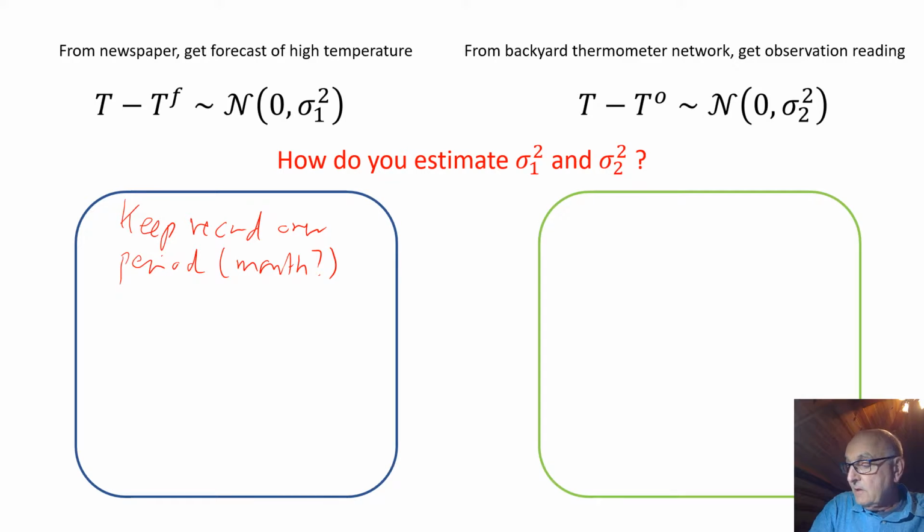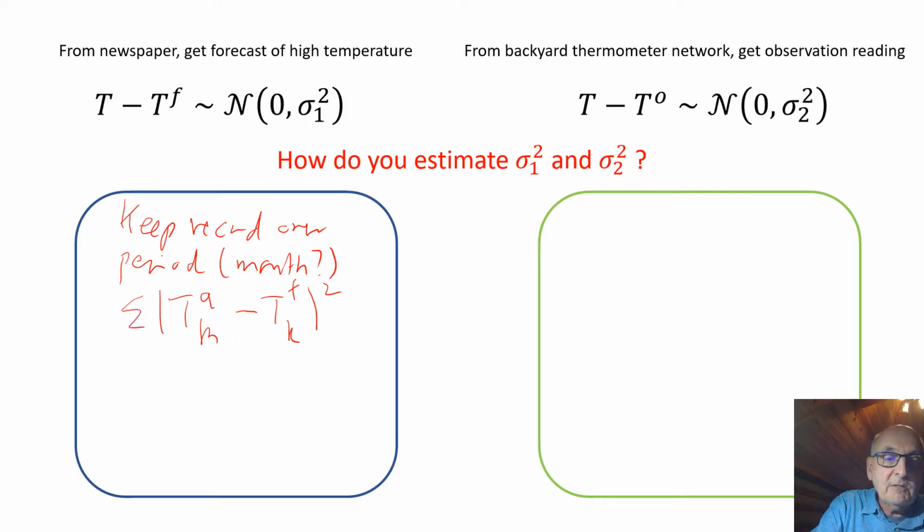Okay, and then what we would do is just take all of those samples that we would get and subtract them from the actual temperature that the newspaper gave, right? So the newspaper actually gave an actual temperature, say indexed by K, and it gave a forecast temperature, so we can see this the next day, and then we take the sums of the squares of those.